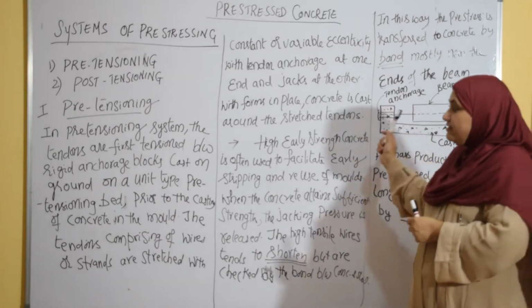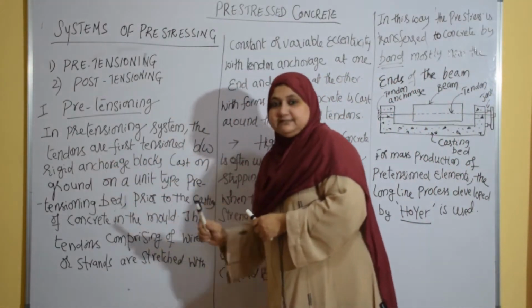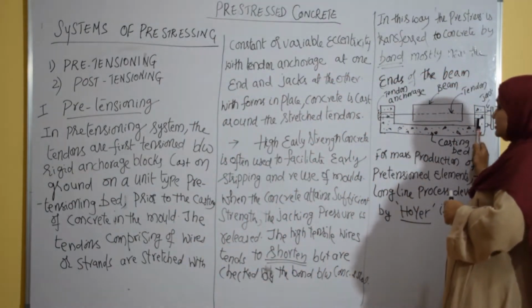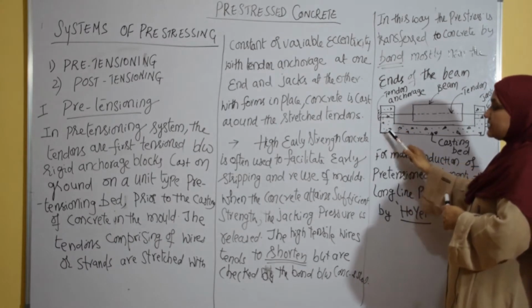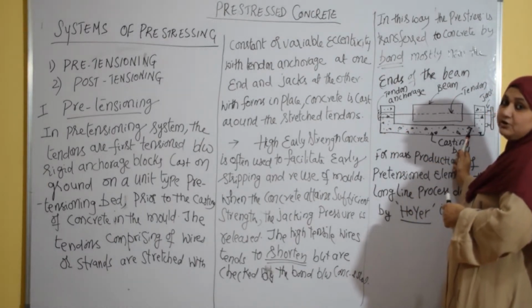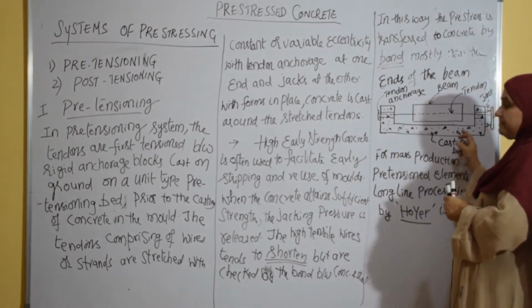Here we are tensioning the tendons between the rigid anchorage blocks. These anchorage blocks are cast on the ground on a unit type of pre-tensioning bed. So this is a bed.